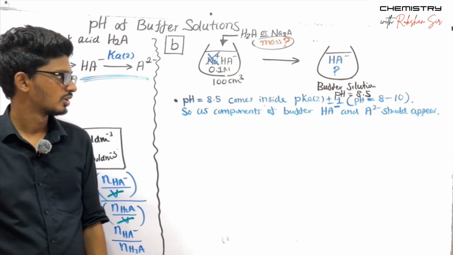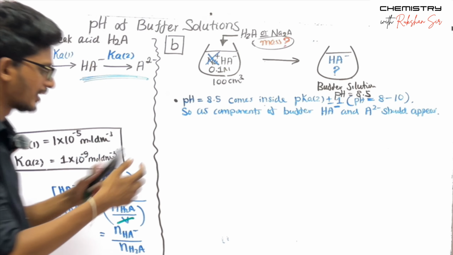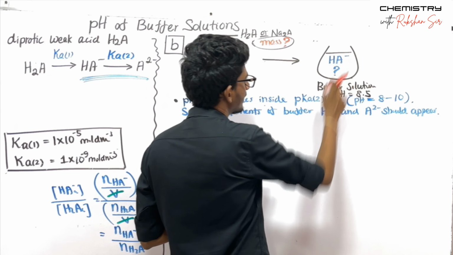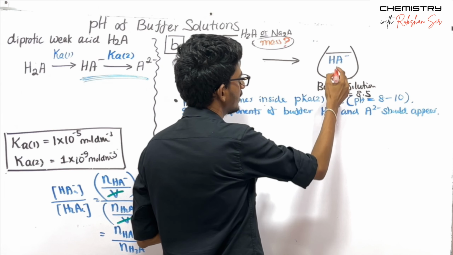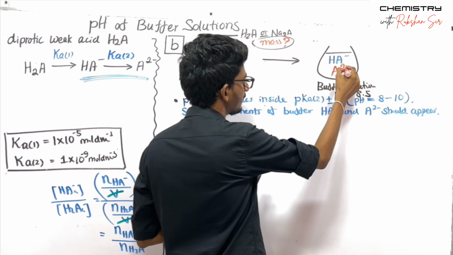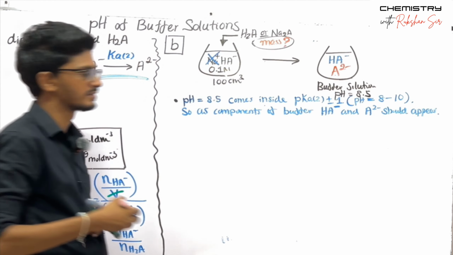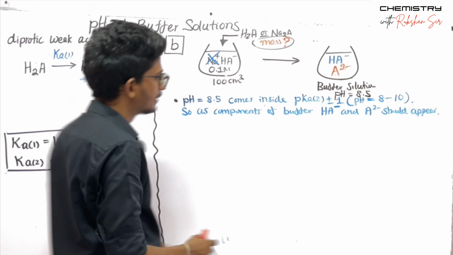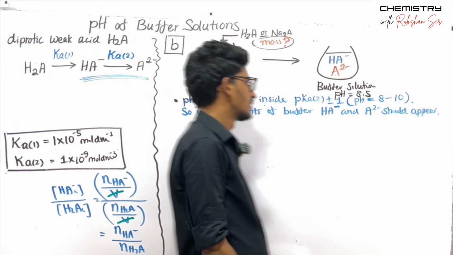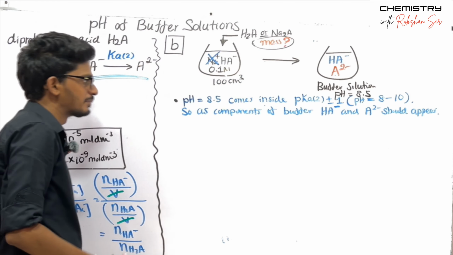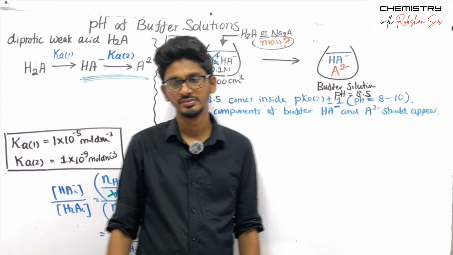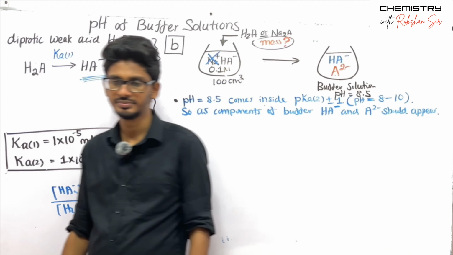Okay, the thing is clear now? So the other species here is the A2 minus. Right, that's the first consideration. We need to prepare a pH 8.5 buffer, right? So that value appears in between the pKa2 plus or minus 1, the 8 to 10 range.